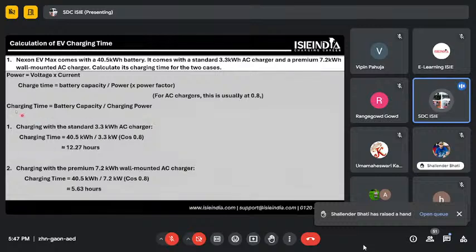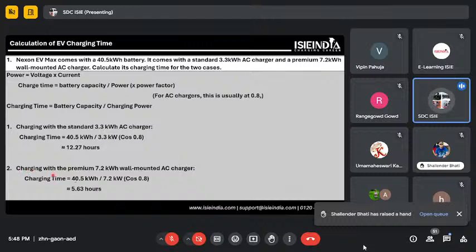I get this by applying the formula: charging time is equal to battery capacity divided by charger power. When we use the 3.3 kilowatt charger, we give the battery capacity of 40.5 kilowatt-hours and the power of 3.3 kilowatts. After applying the AC power factor of 0.8, we get 12 hours to charge the complete battery pack, right?